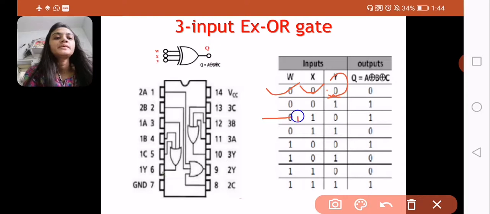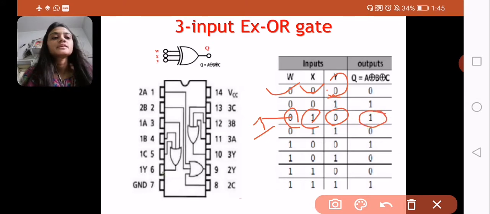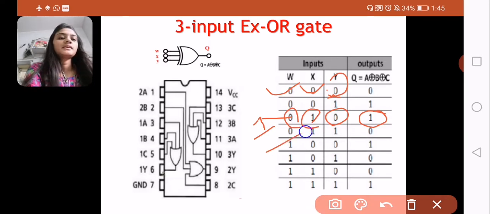Here the first 2 bits are 0 1, that means different bits. Different bits will produce answer 1. So this answer will be XORed with the 3rd bit. So 1 and 0, again different bits, will produce answer 1. In the same manner you can find out the other combinations.